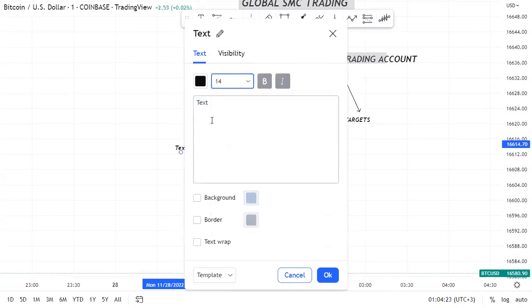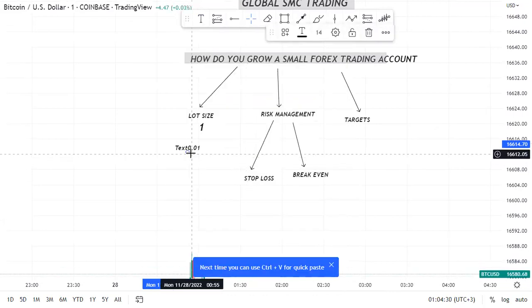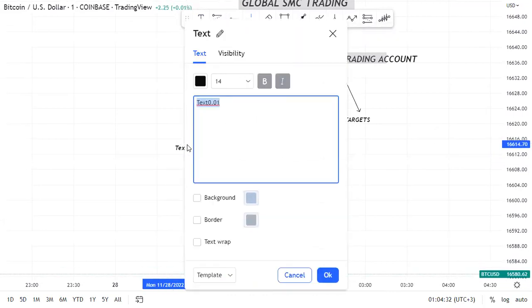For example, 0.01, the lot sizes. You can see the 0.01, you can see the 0.05. These are just lot sizes, or even 5, even 50, sometimes even 100.